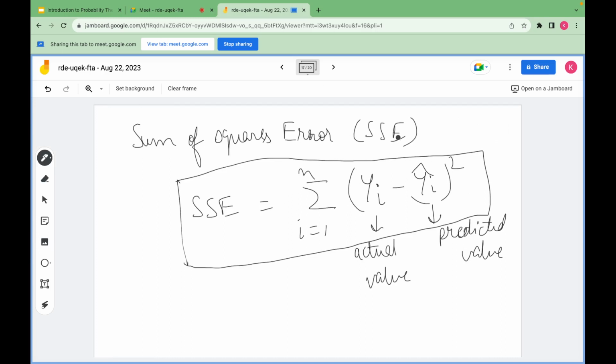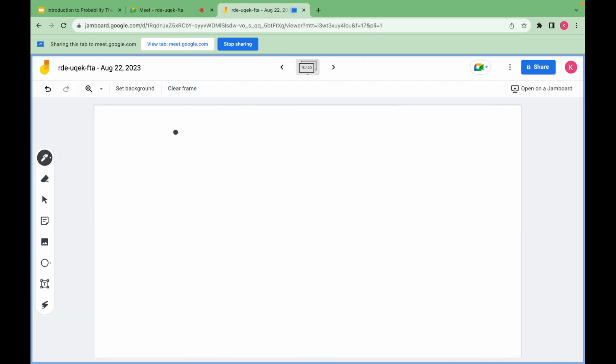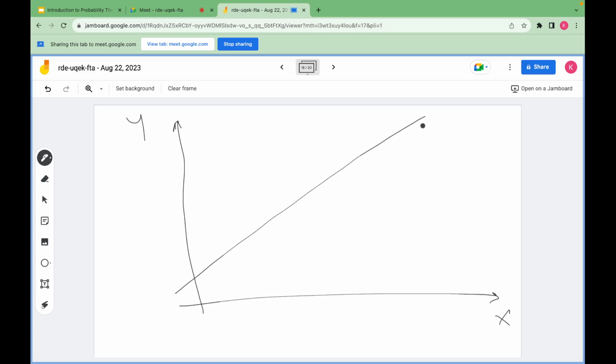I can explain it with this diagram. Let's suppose this is the regression line, ax plus b.